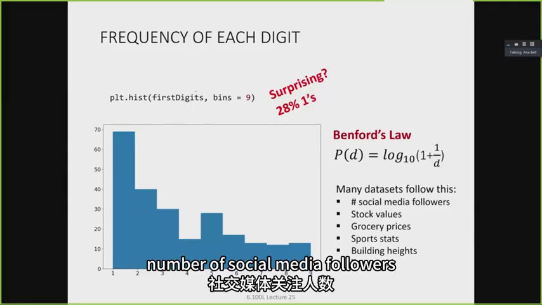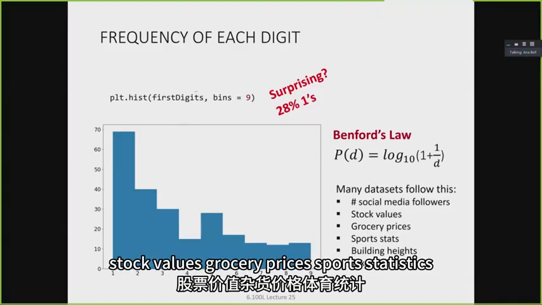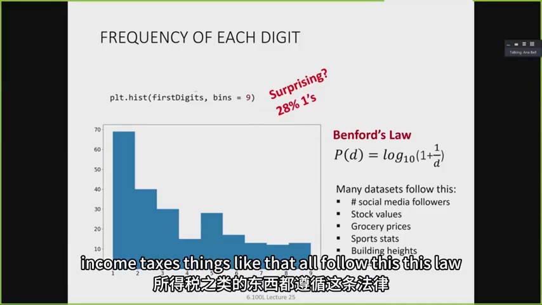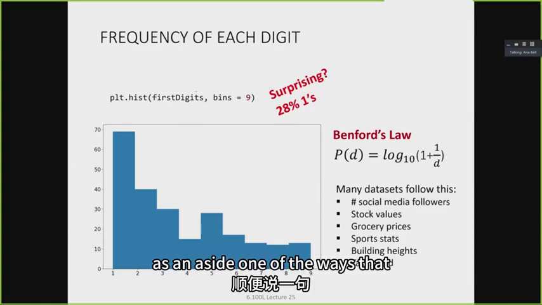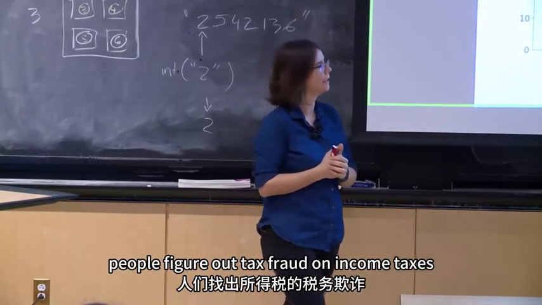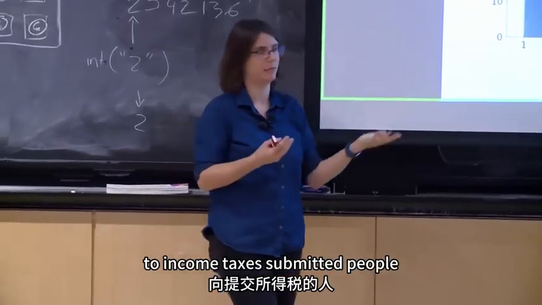Number of social media followers, number of posts people make, stock values, grocery prices, sports statistics, building heights, income taxes, things like that, all follow this law, which is pretty cool. As an aside, one of the ways that people figure out tax fraud on income taxes is by applying Benford's law to income taxes submitted.